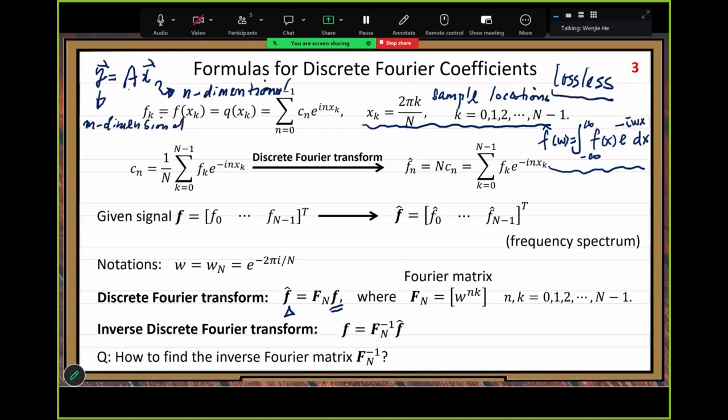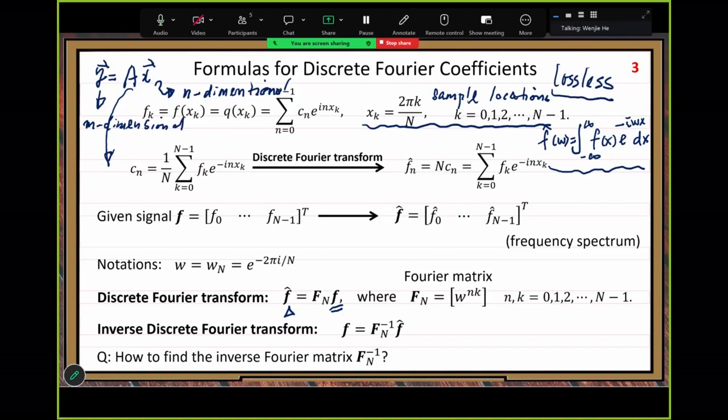Then this A matrix is a linear transformation from one linear space to a completely different linear space.